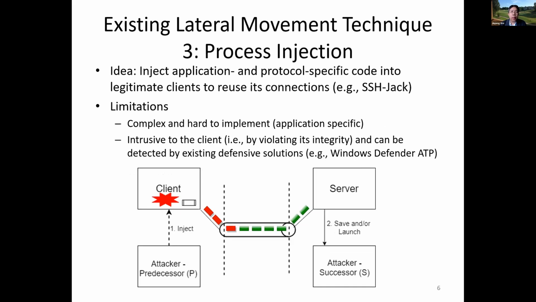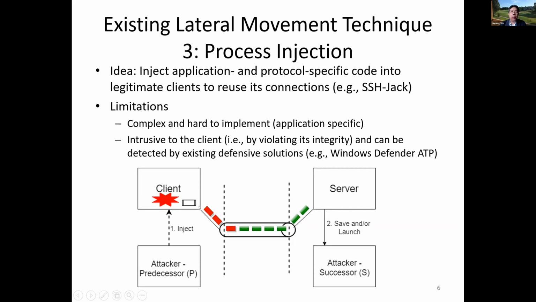The third kind of lateral movement technique is process injection. The idea is to inject application- and protocol-specific code into legitimate clients so as to reuse or abuse their connections. The starting point is that the legitimate client is already connected to the legitimate server.